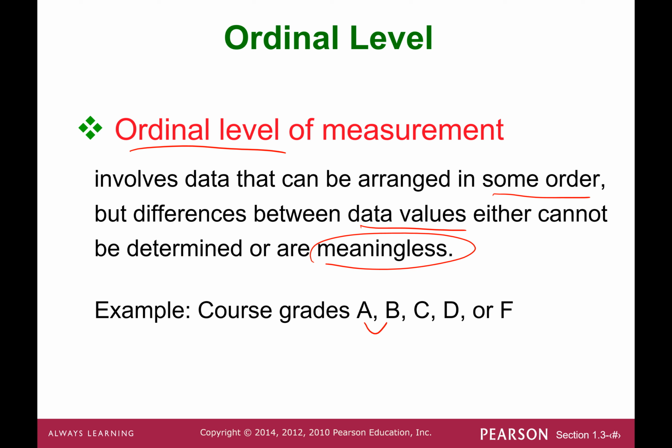That's why there's order here. Definitely getting an A is much better than getting a B, but the difference between an A student and a B student cannot be determined, or is meaningless.